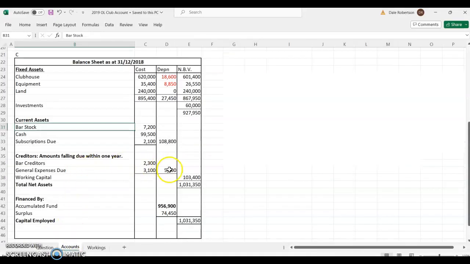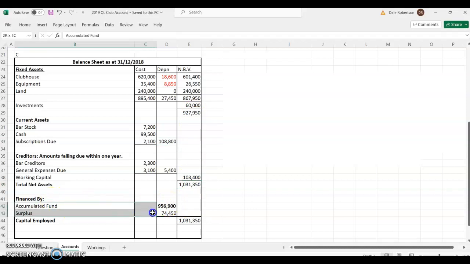Then we have to simply, as we have always done, take this number and subtract it from this number to get our working capital, and you add your working capital on to get your total net assets. And then in the finance by section, we just simply put in our accumulated fund and our surplus, and we add them together to get our capital employed. When your total net assets equals your capital employed, you've done the accounts correctly for this club.